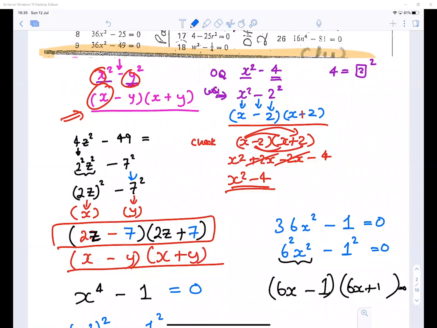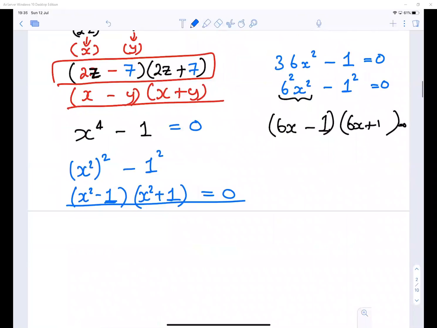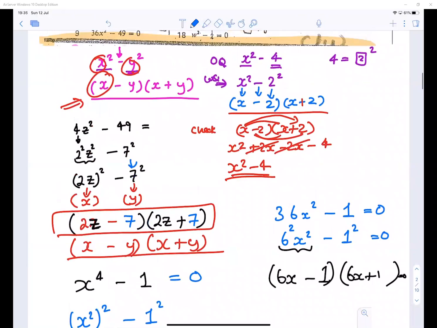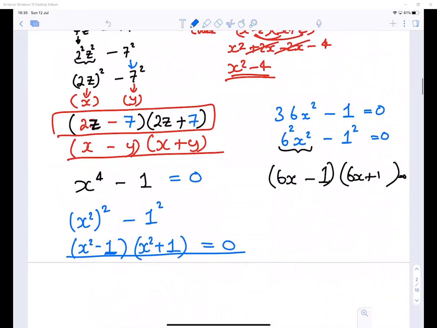Okay, so we have now factorized it. Now, if we wanted to solve these equations, how would we solve them? So let's go back. We had 2z minus 7 and 2z plus 7 equals 0.